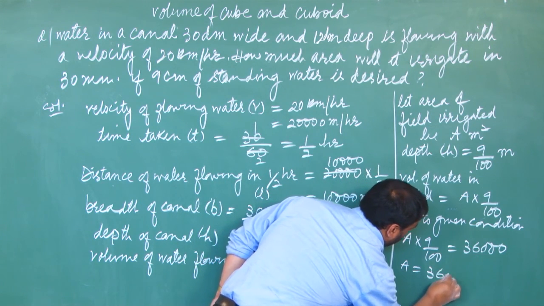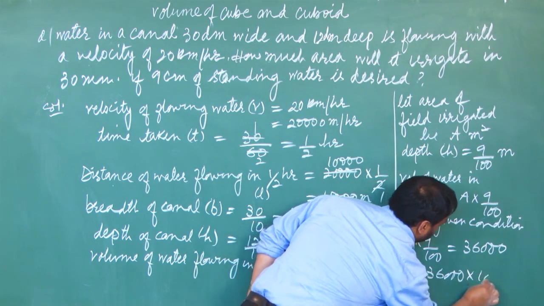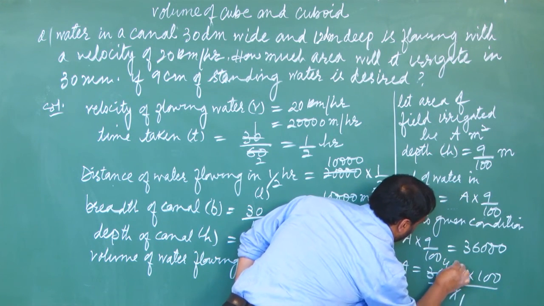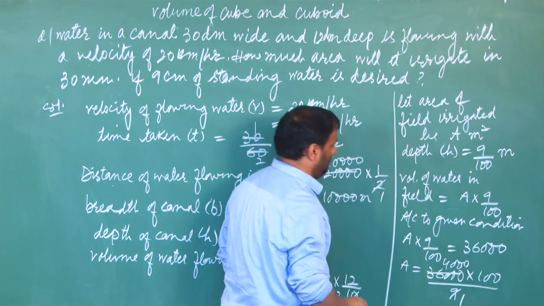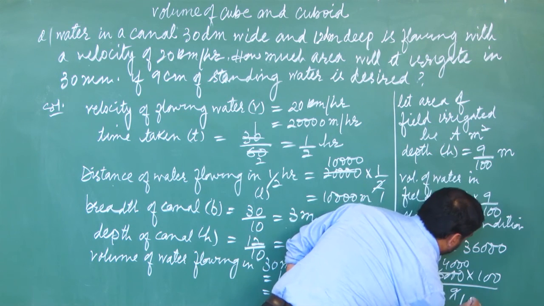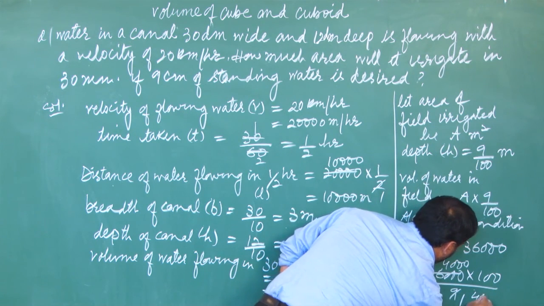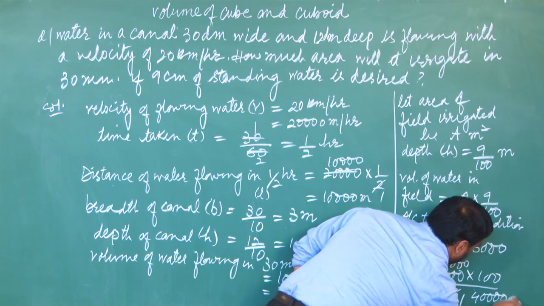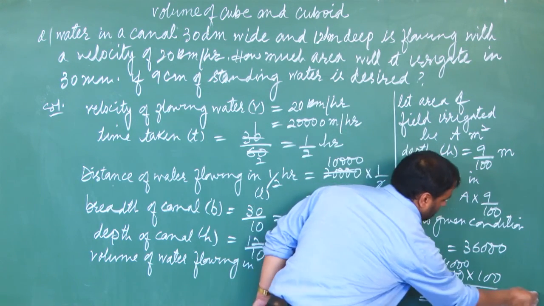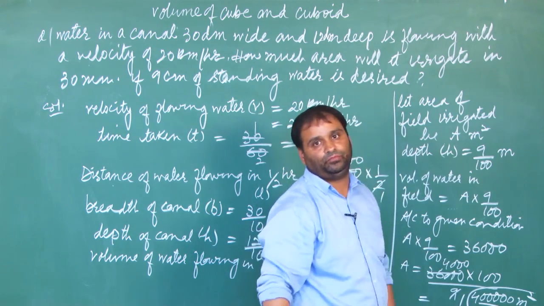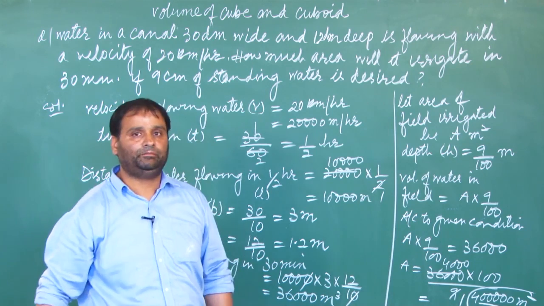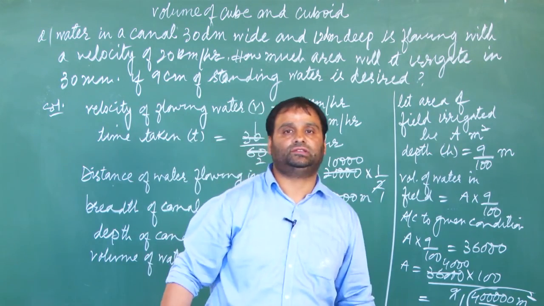Cross multiply and transpose. A is 4,000 into 100, which is 4 lakh meters square. This is the area of the field irrigated, and this is the answer. Hope that you have understood the volume of cube and cuboid and the related questions. Thank you.